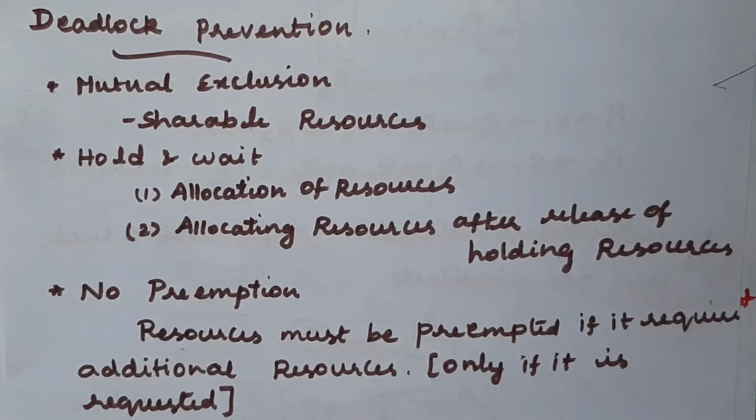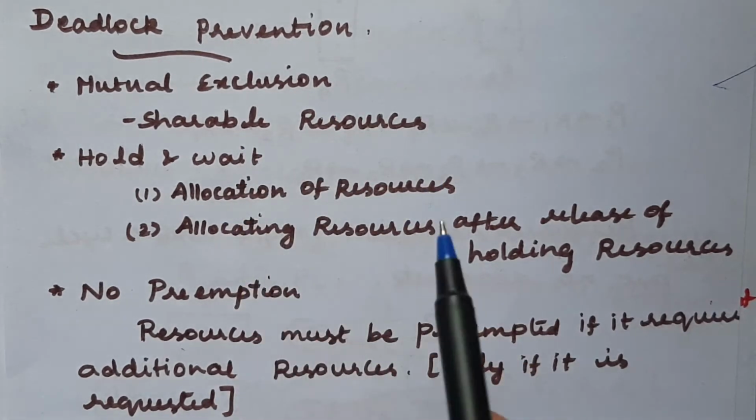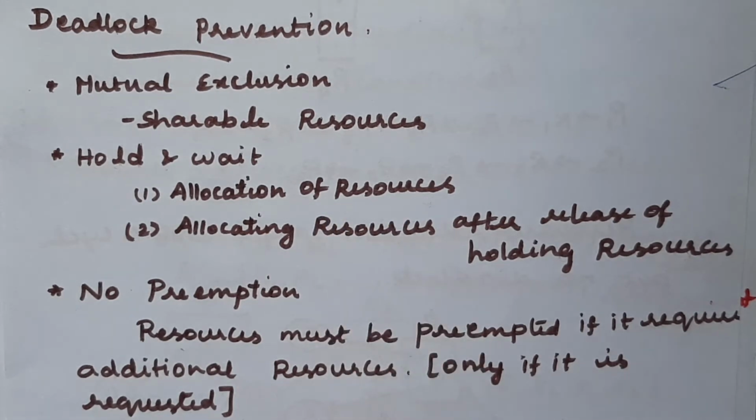Some resources may exist in non-shareable mode, and because of that we cannot prevent the deadlock in such cases. So not only by denying mutual exclusion can we achieve deadlock prevention, because some of the resources may exist in non-shareable mode, and then it is highly impossible to prevent the deadlock.